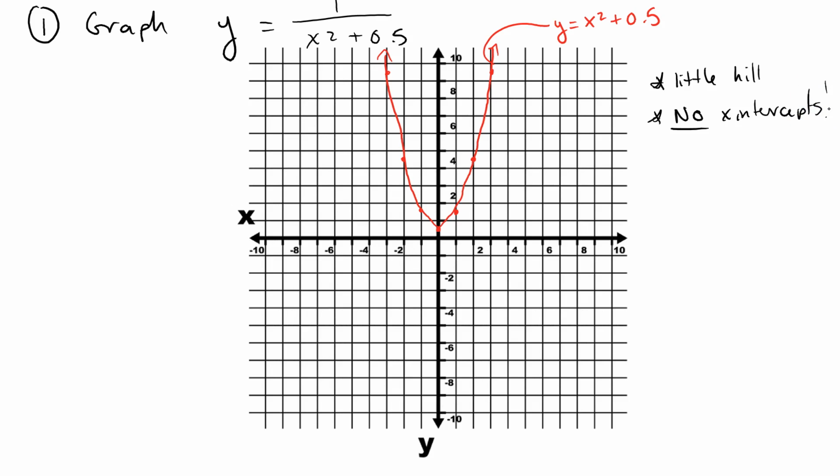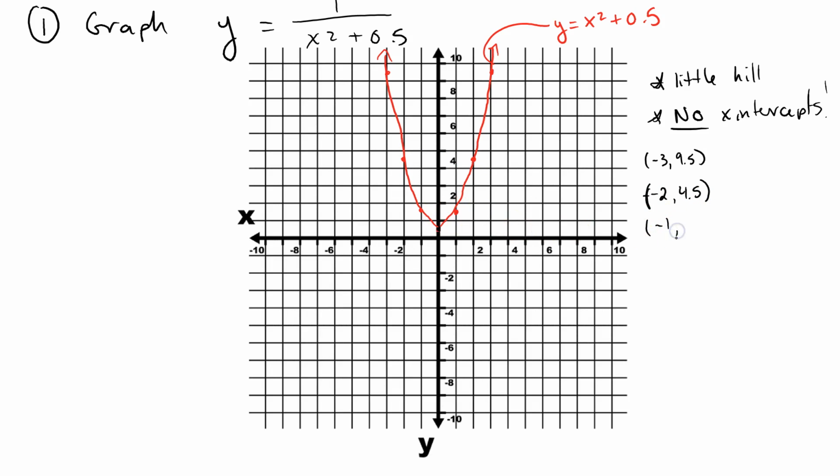So what I want to do is take all of these points here. This one right here is going to be negative 3, 9.5. This one is negative 2, 4.5.